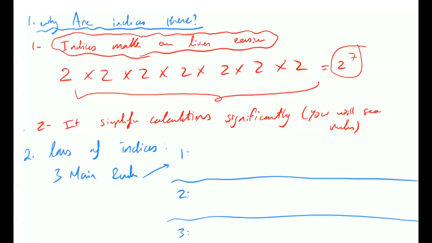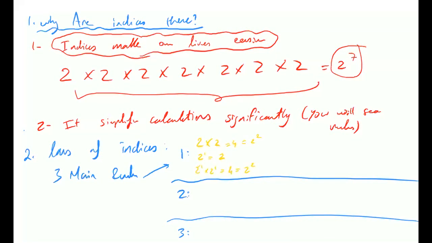If we have 2 times 2, it's equal to 4, right? Which is equal to 2 squared. And 2 power 1 is equal to 2. So we can put 2 power 1 times 2 power 1 equal 4 equal 2 power 2, right?